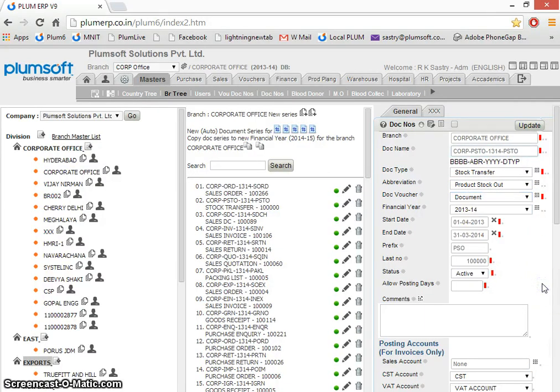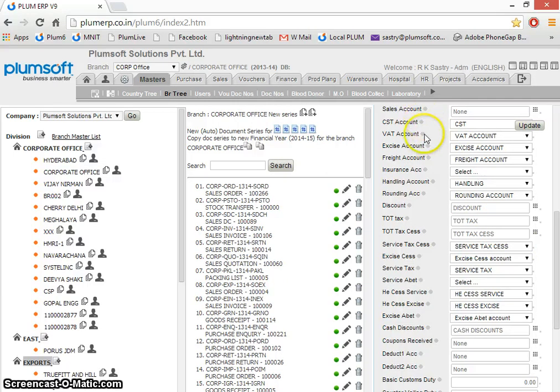A voucher is a financial document where the transactions are recorded. A document is like the purchase order or the sales order and the sales invoice, which is generally prepared by the operations people, while the vouchers are prepared by the finance people. Then the voucher starting date, ending date, some prefix, and the last number, the running number. These are all the things which could be defined. And once posted, where these accounts get posted is also defined in this.